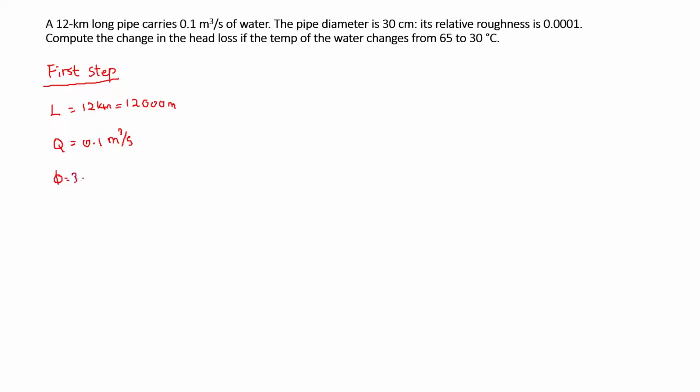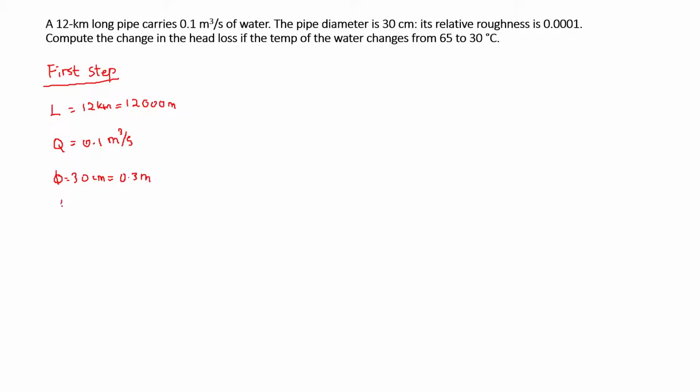So 30 centimeter, which is equal to 0.003 meter or 0.03 meter. So this is not mm, this is cm, so it should be 0.3 meter.